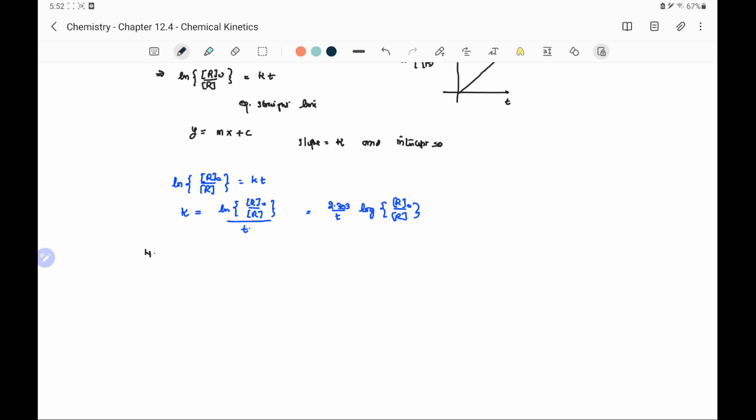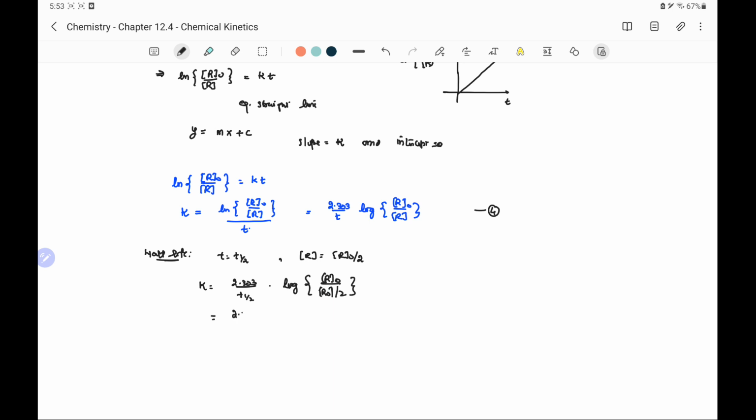Now we have to find the half-life. That means at t equal to t 1 by 2, the concentration of the reactant becomes half of the concentration at time t equal to 0. So using equation number 4, we will have k equal to 2.303 by t half, this is the half-life, into log R0, the initial concentration, by the concentration at time t 1 by 2, which is R0 by 2.